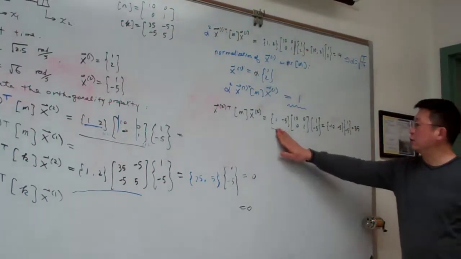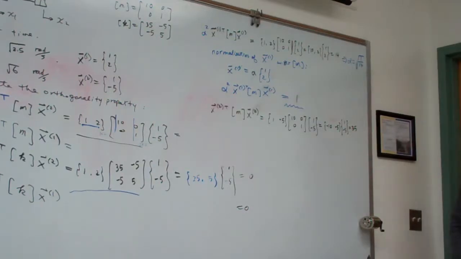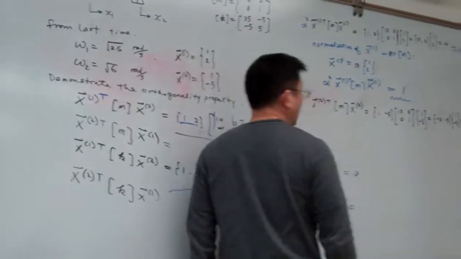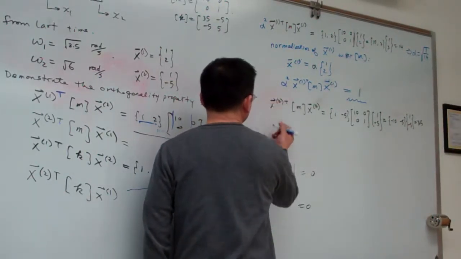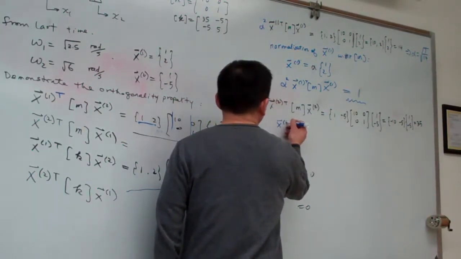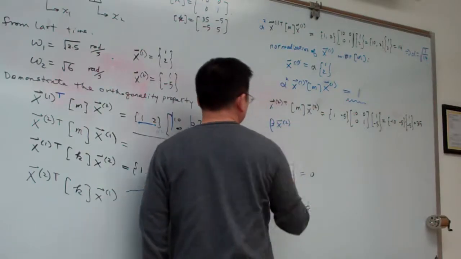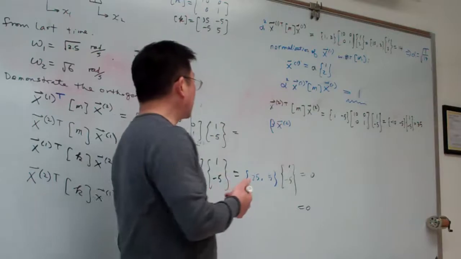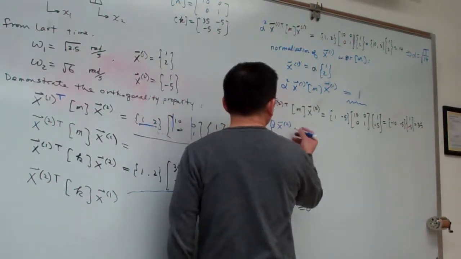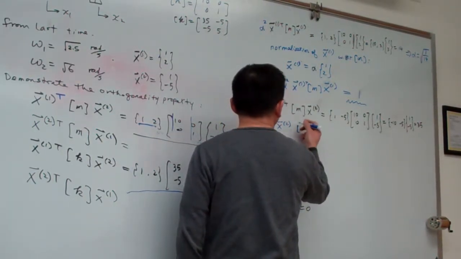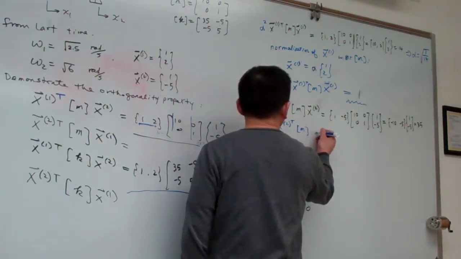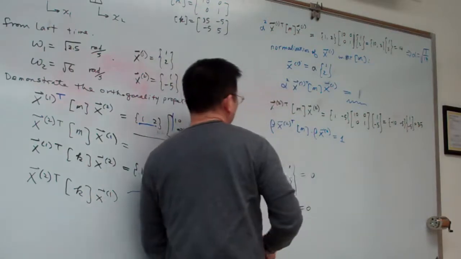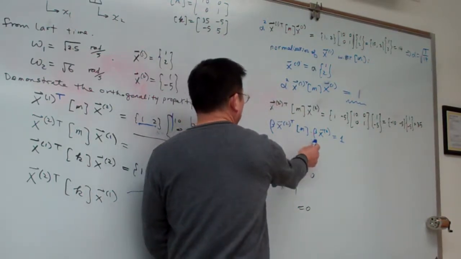So that is our calculation. So again, to normalize the second modal vector, let me multiply the scaling factor beta. So to normalize, that means this one multiplied with m with beta x2 equals 1. So here we have two betas multiplied together.